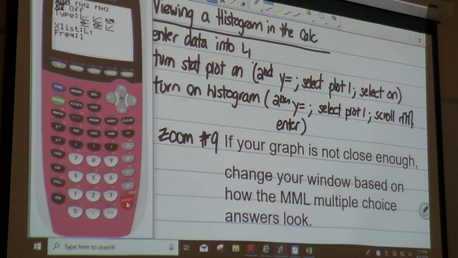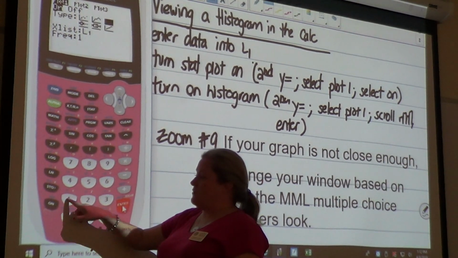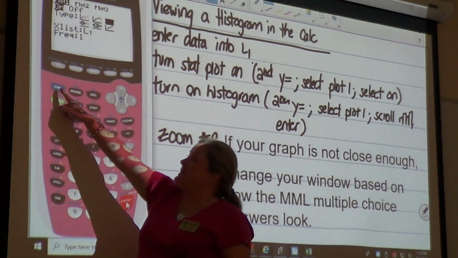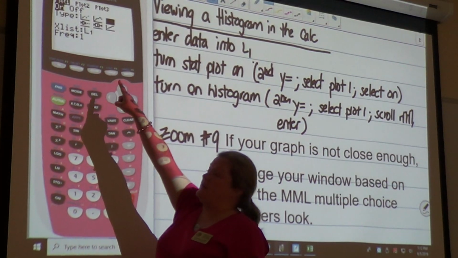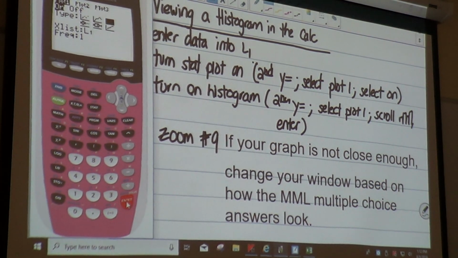Now, if yours does not say L1, L1 is right above the 1. If you need it to say L1, you hit second L1 right there where it's supposed to say L1. Let me pull this down so that you can have a visual of what it's supposed to look like.